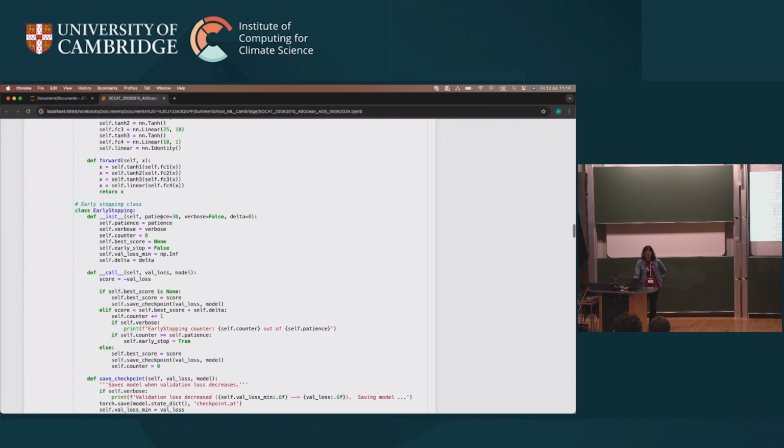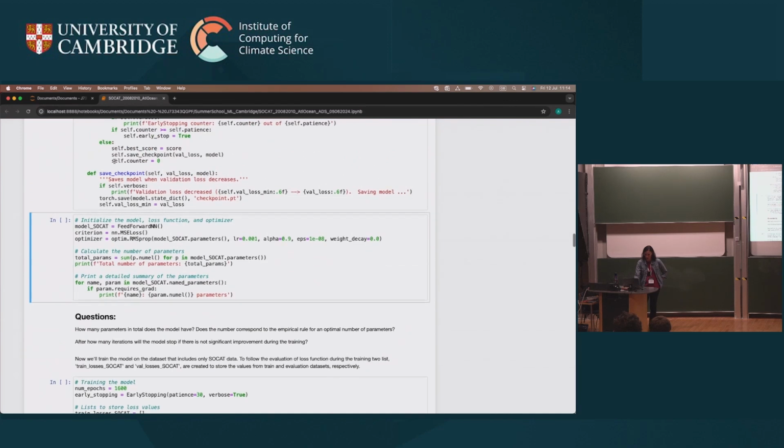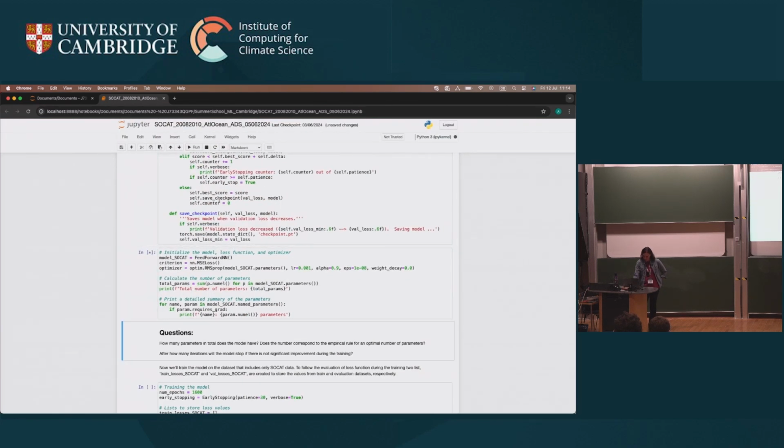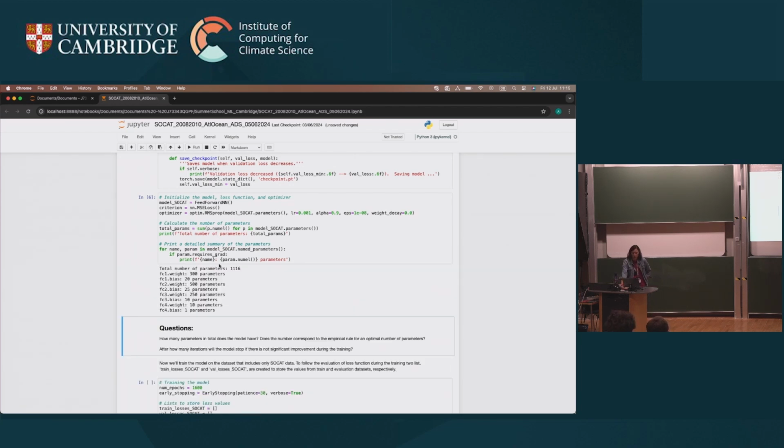So just run this one, it's just the definition, and the next step is to realize our model, and this cell will also print the number of parameters. So how many parameters do you have?